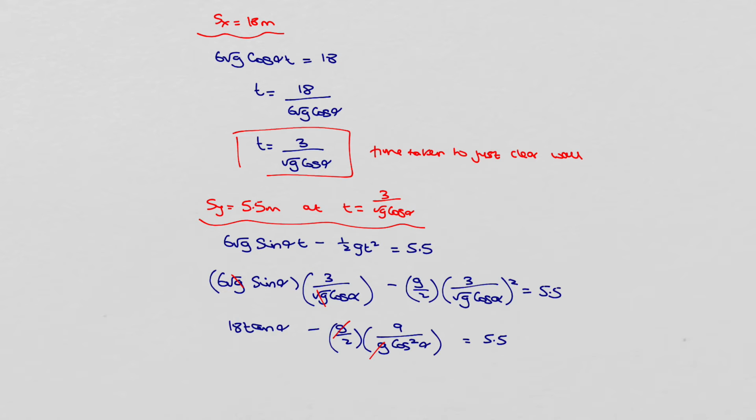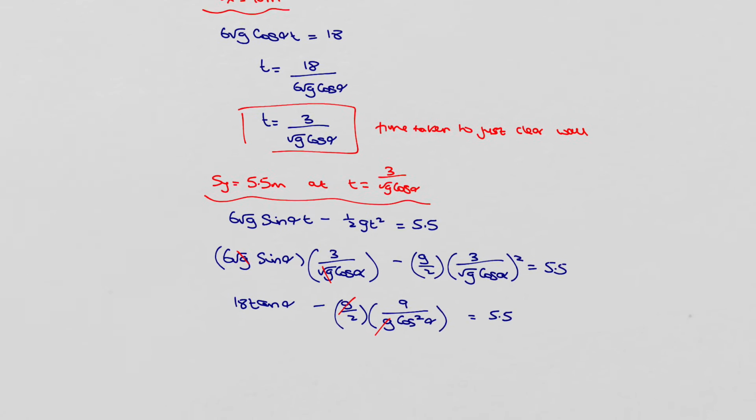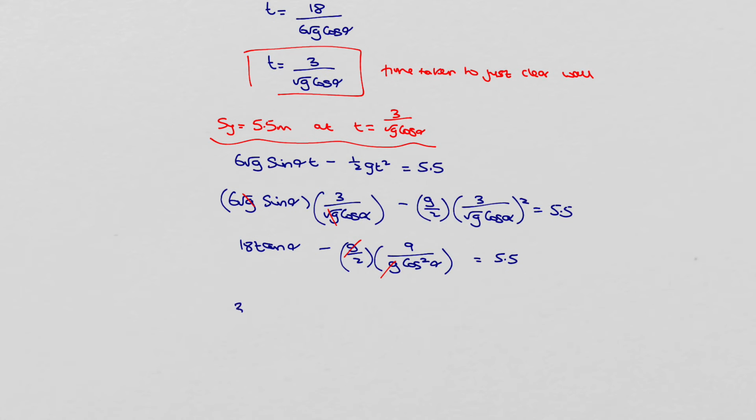If I multiply everything across by 2 to eliminate the fraction, I have 36 tan alpha minus 9, which I'm taking outside the brackets to make it more obvious, times 1 over cos squared alpha, is equal to 11.